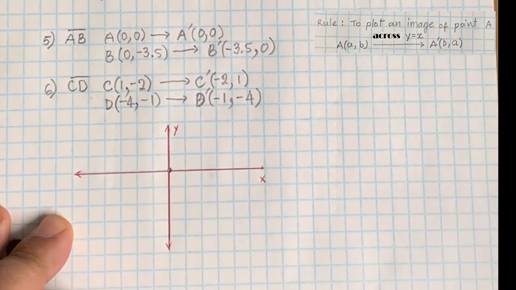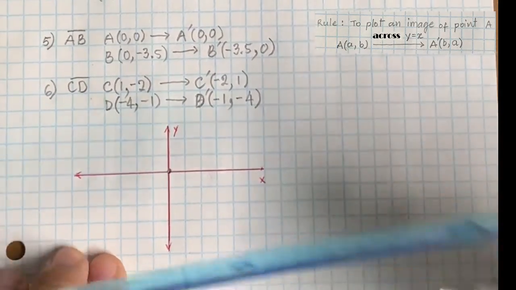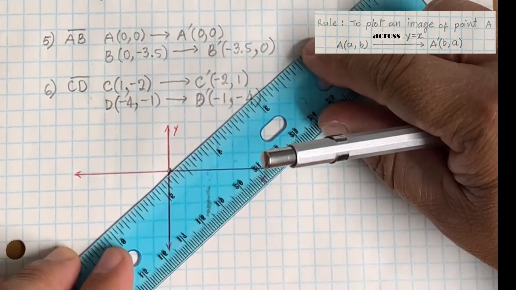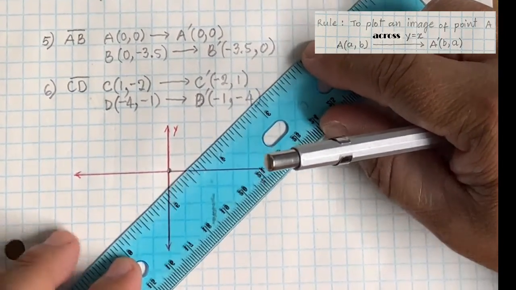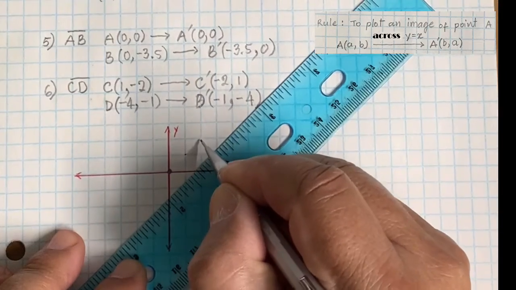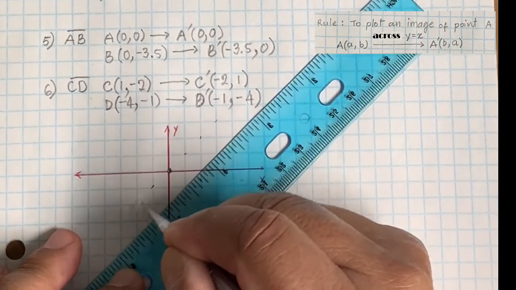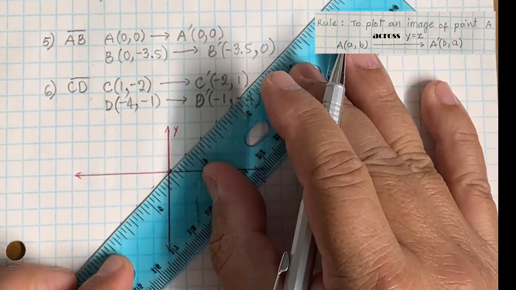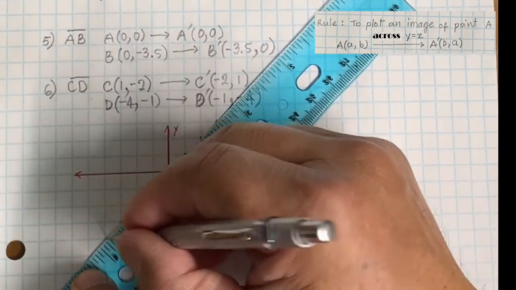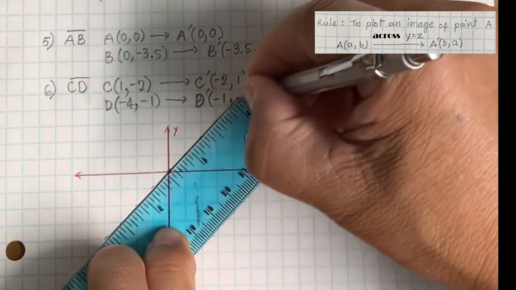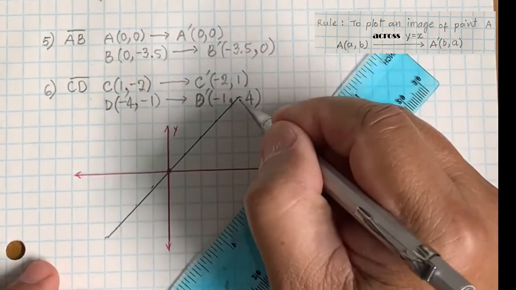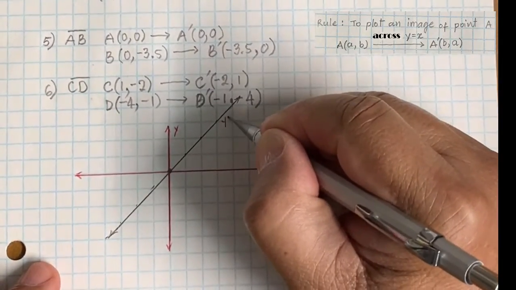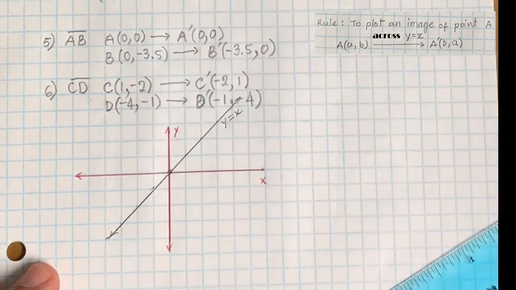Well, let's draw the line y equal x. All right, so this is the line y equal x.